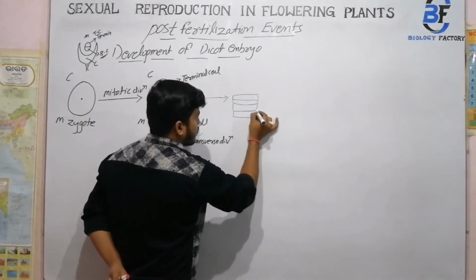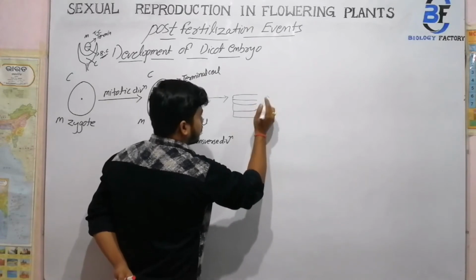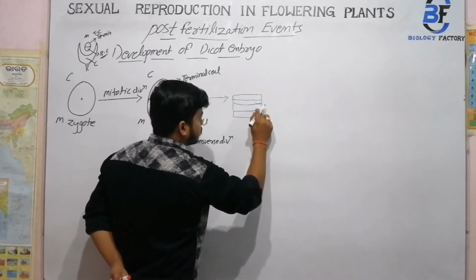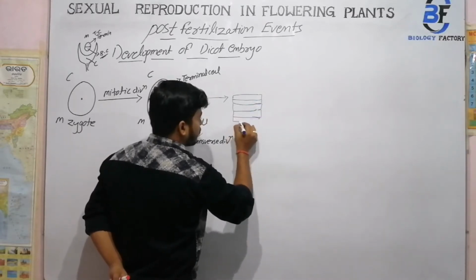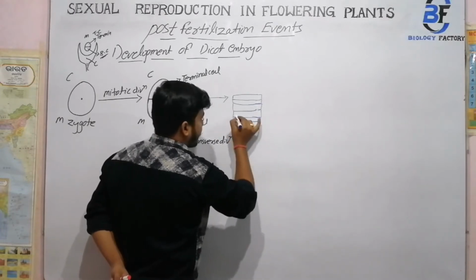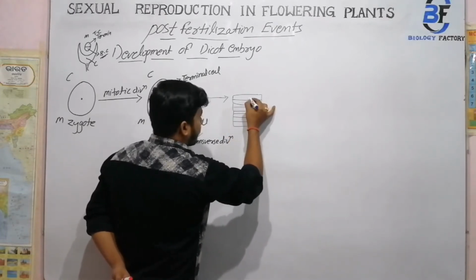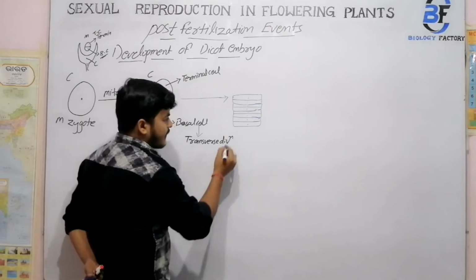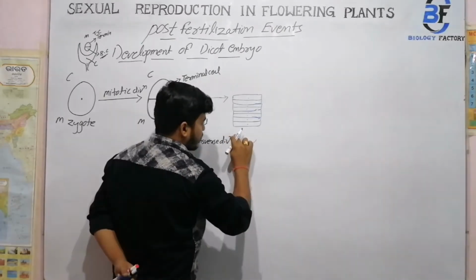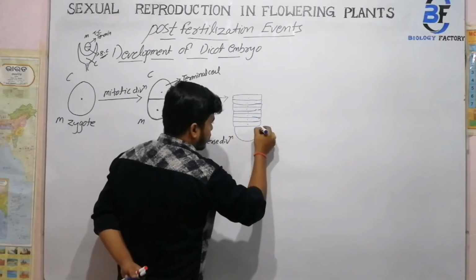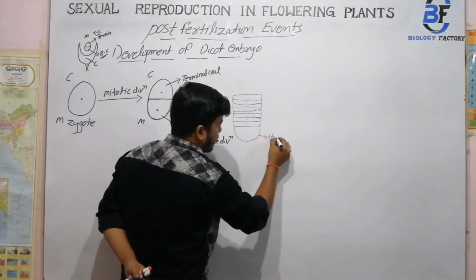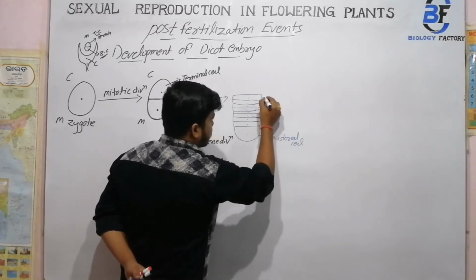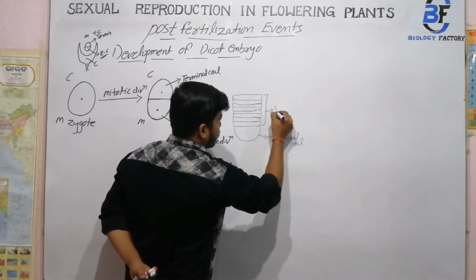These are known as suspensor cells. Draw it a little bit bigger. So these suspensor cells are formed, and next a haustorial cell is also formed. This is the haustorial cell, and this is the suspensor cell.